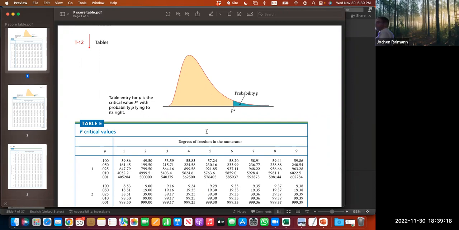But basically, we determine one critical F, and if our calculation of the F exceeds that F, we're rejecting our null hypothesis, which is that none of these groups are different from one another. And once we know at least one of these groups is different from another group, by exceeding that critical F, we're rejecting the null hypothesis, and then we need to figure out which group.